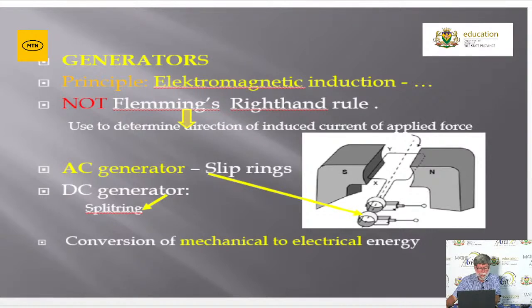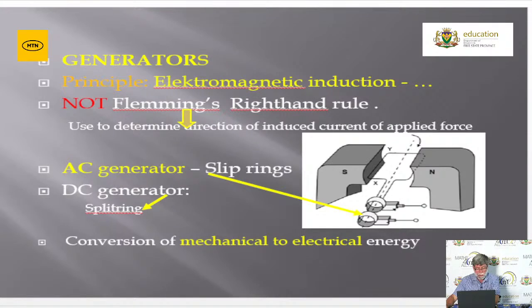Remember, the maximum position, the Vmax value, correlates to your coil being in the parallel position, where the maximum voltage is induced. If it's in the vertical position, then it's at the zero voltage that is induced.